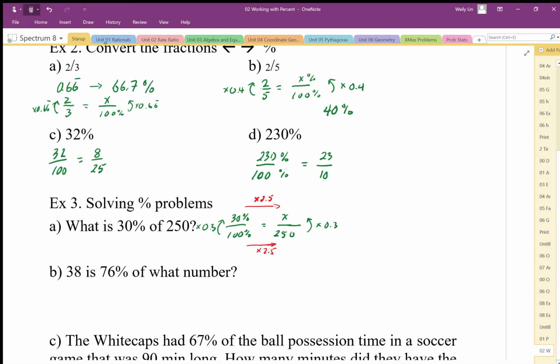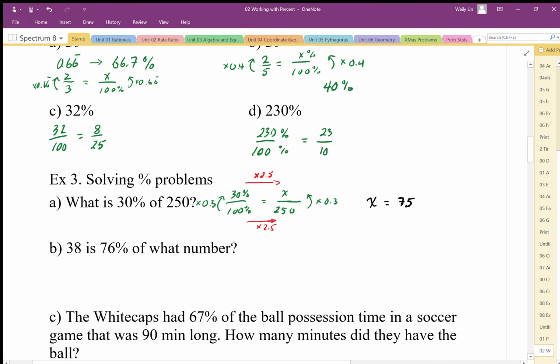In either case, you get a value of 75. So 75 out of 250 is same as 30%. Okay, so again, there's two different ways we can do this. Okay, so the same thing here. We want to set this up as a percentage.